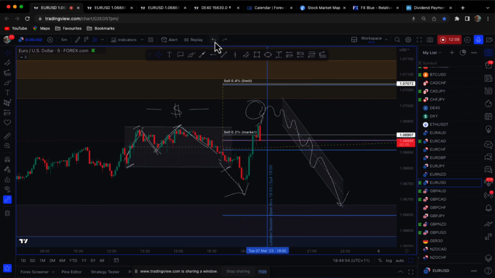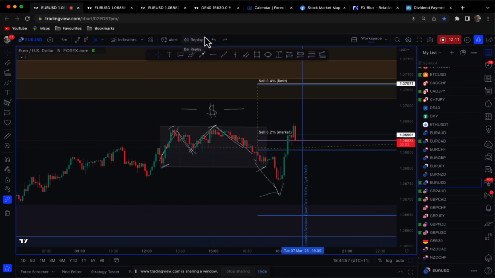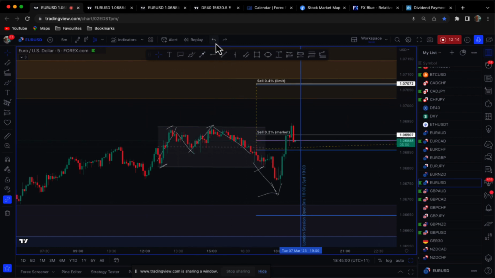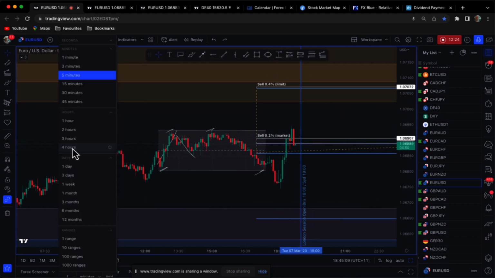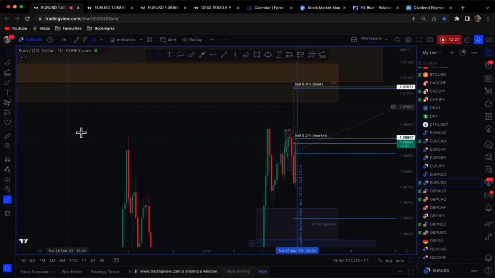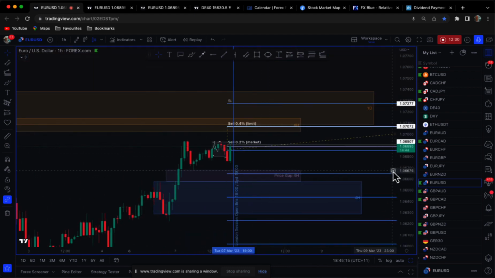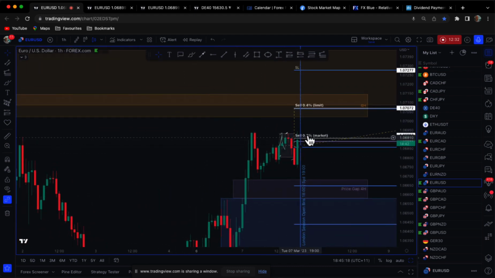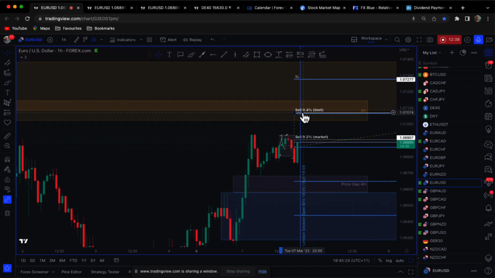Back to my idea on the 4H, I'm pretty well committed to that. I've already entered short. Go back out to even an hourly. I'm already in, and this is my setup pretty much. Okay, so I'm short, small position. I've got this limit order waiting.